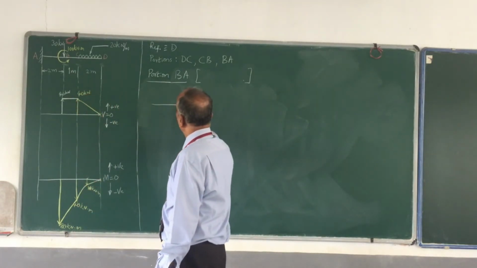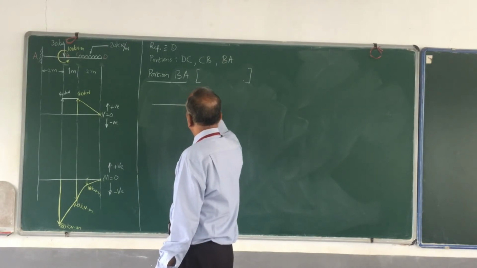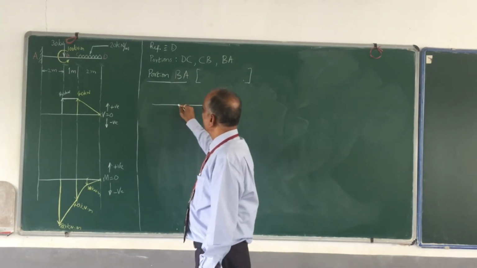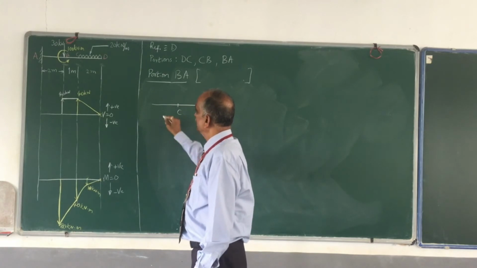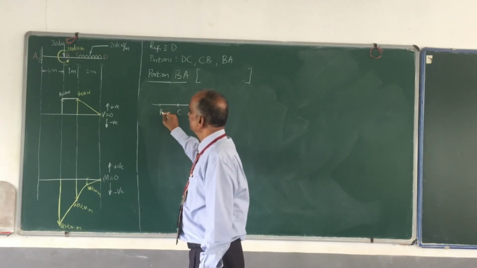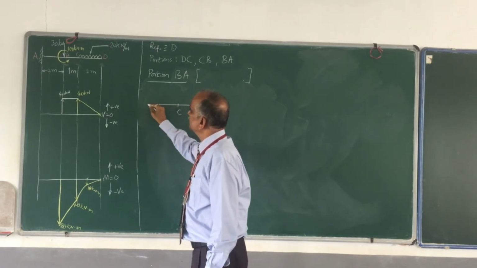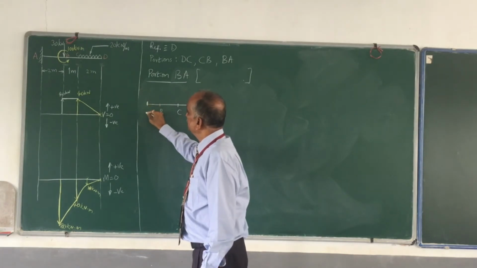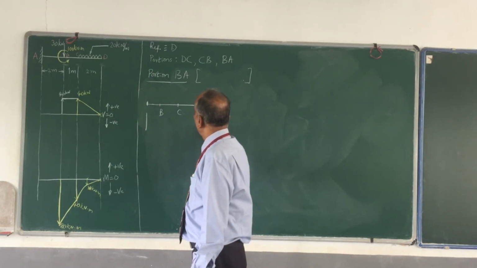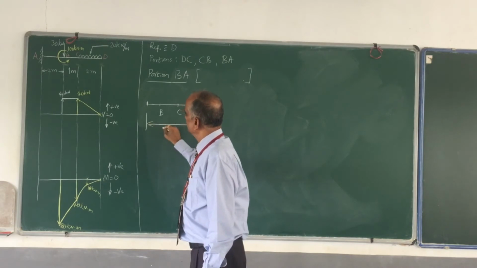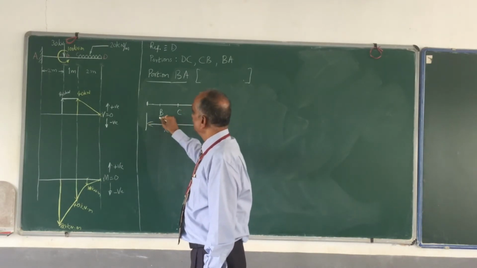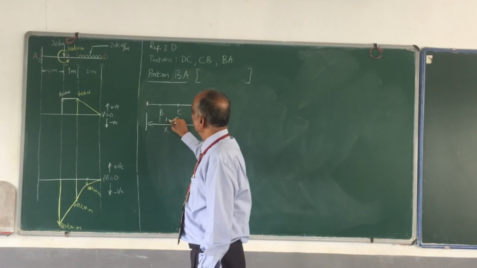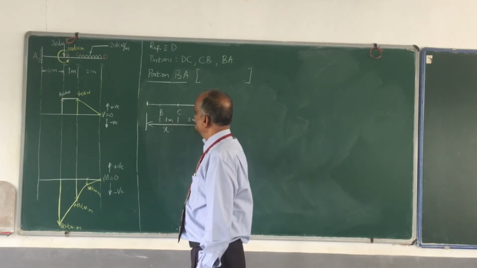You have plenty of loads. This is your B, and somewhere here you have C, and somewhere here you have B. And this is where you have the section, at a distance of x. So I know that this is 1 meter, and this is 2 meters.